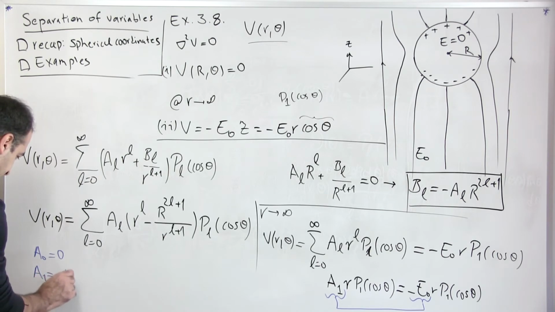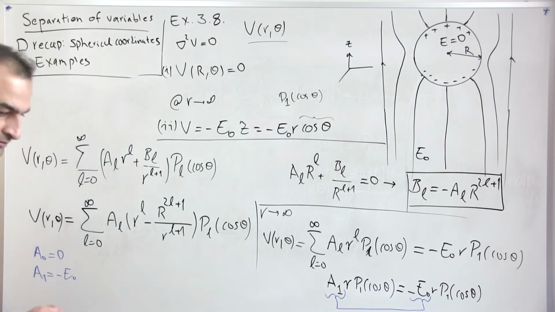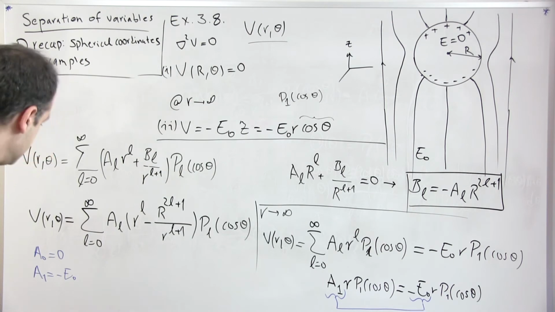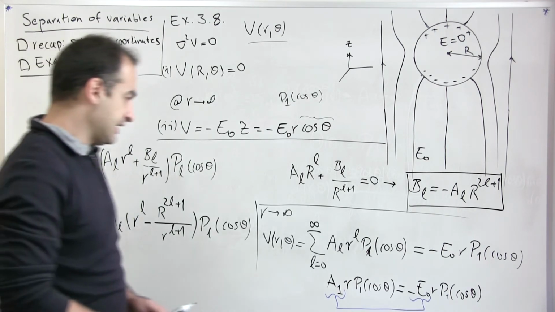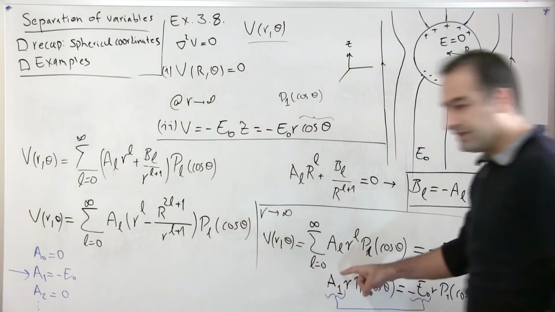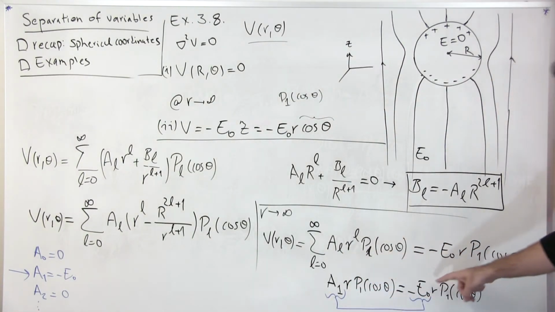So A0 equals 0, A1 equals negative E naught, A2 is 0, and all the rest of the A_L values until infinity equal 0. This is the only non-zero term for the A's, and that single term can fit the boundary condition at infinity.